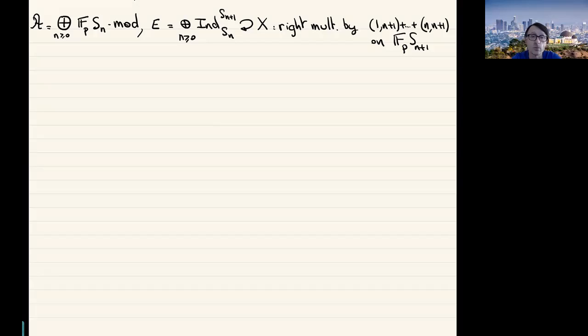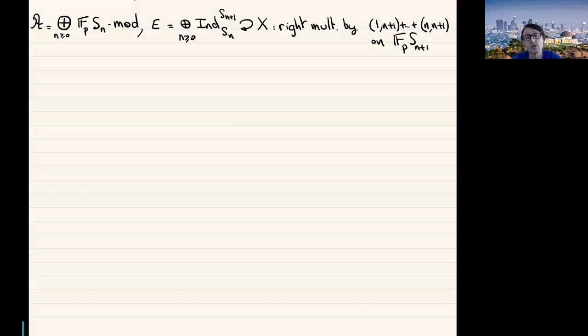What has also been very useful is the use of Jucys-Murphy elements. So we'll use them, this capital X. First we start with the symmetric group Sn plus 1, and in its group algebra, we consider the sum of transpositions involving n plus 1. If we right multiply by that element, that element commutes with the action of Sn, that's the whole point.